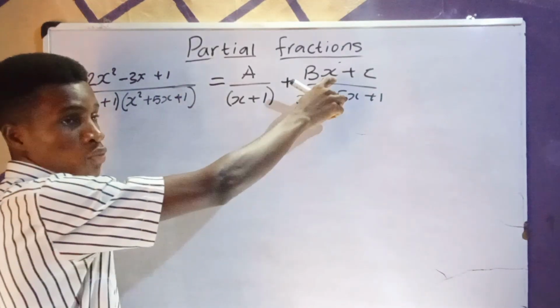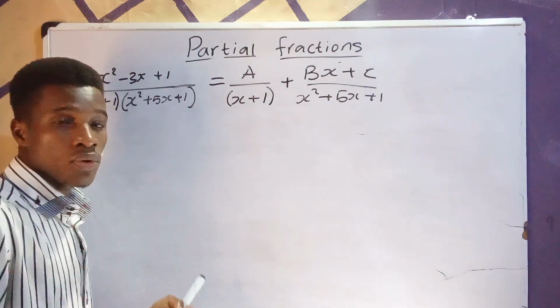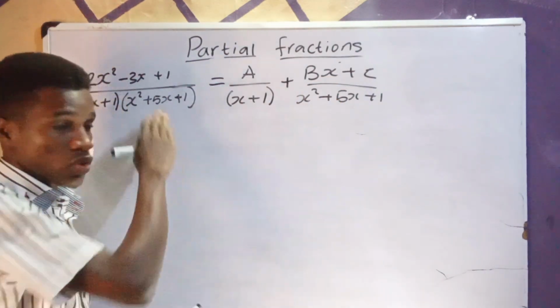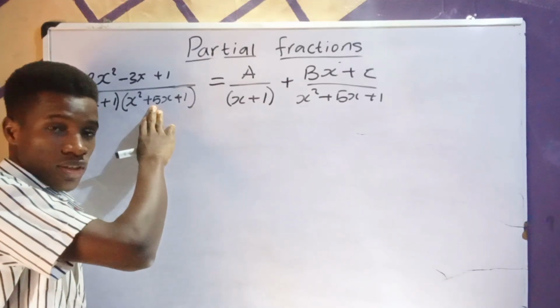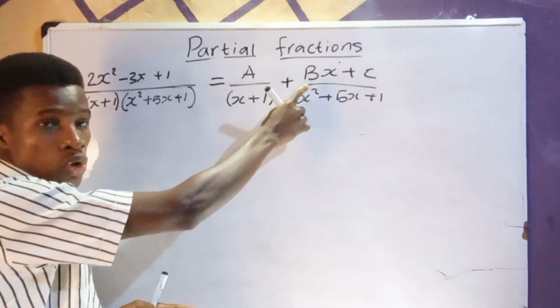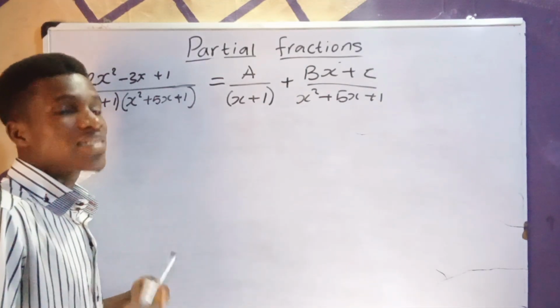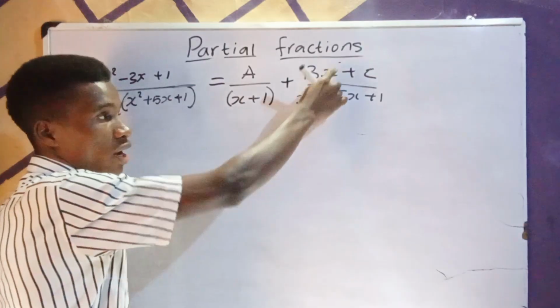Observe, we have x here because we are trying to mimic the possible partial fraction that will sum up to give us this, right? Because we have the highest power of x here as 2, if we are to get the partial fraction, it will be at most x raised to the power 1 here.